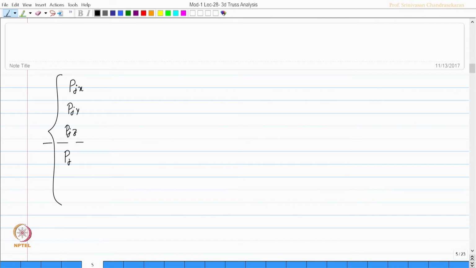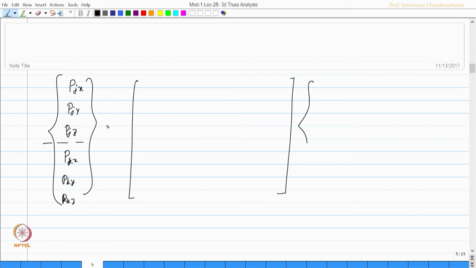Similarly, P at the kth end along x, P at kth end along y, P at the kth end along z, which will be now connected by some matrix which will connect the local to the global. So, P bar j x, P bar j y, P bar j z, P bar k x, P bar k y and P bar k z.